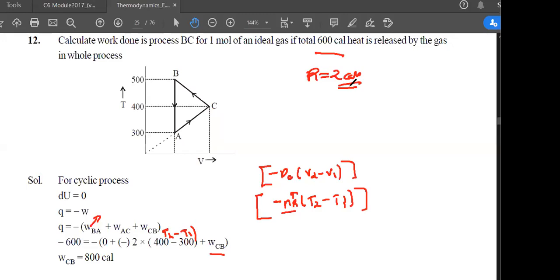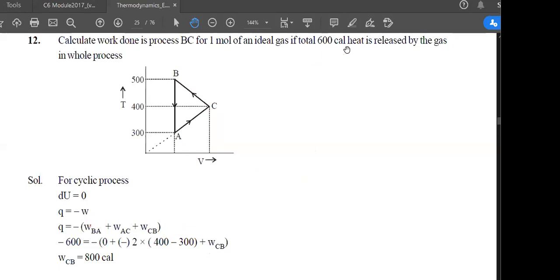So I hope all of you understood this problem, how it happened. And please be honest with yourself. If you don't get anything, just ask, because you're trying to learn. So I hope you have a clear concept about this problem.